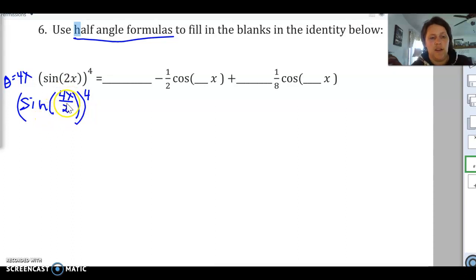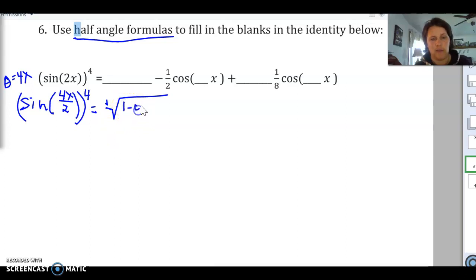So if we have sine of 4x over 2, all to the 4th power, we need to rewrite that using our half angle formulas. For sine, we're going to have plus or minus the square root of 1 minus cosine theta, and instead of theta we'll have something else to write.